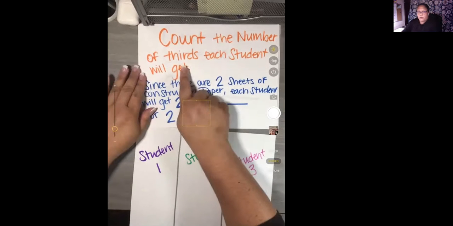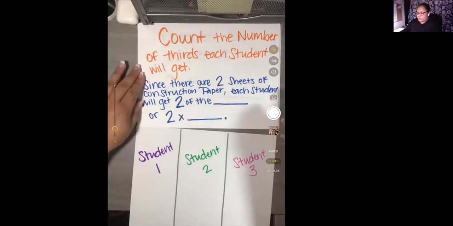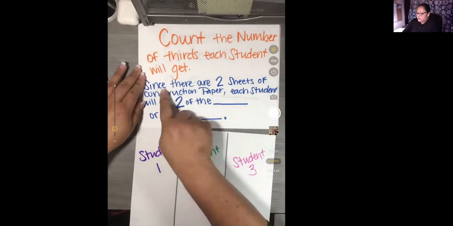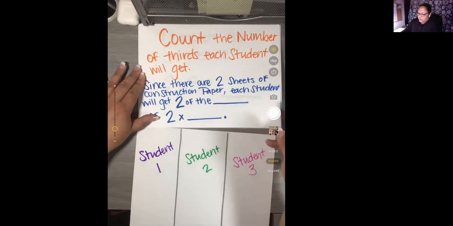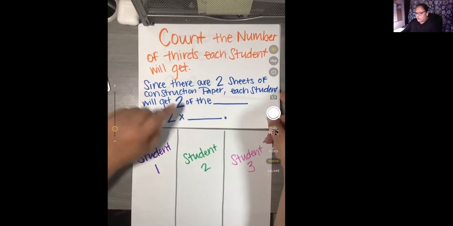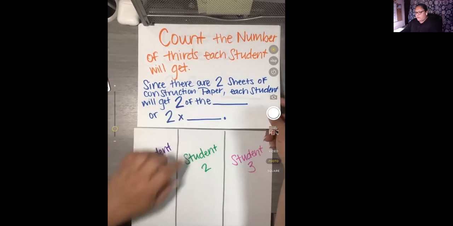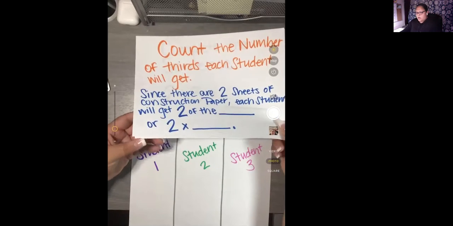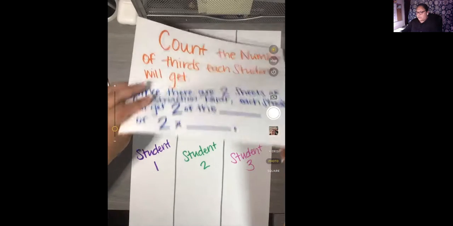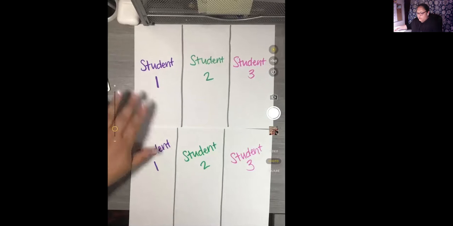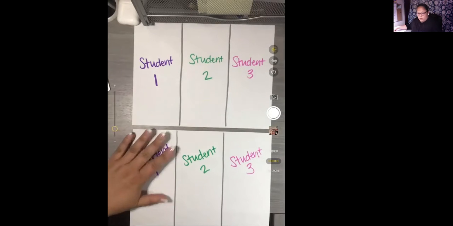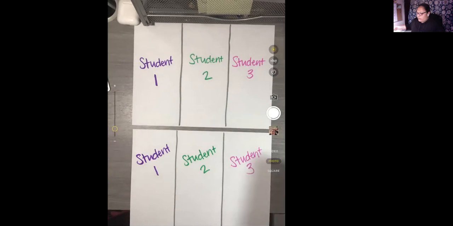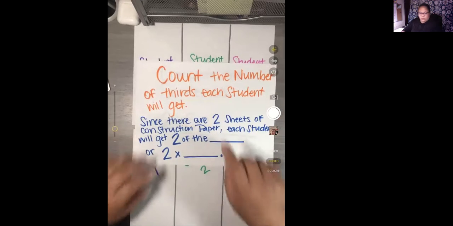So count the number of thirds each student will get. Since there are 2 sheets of construction paper, each student will get 2 of the, how many pieces are we broken into for each piece of paper? We are broken into thirds.